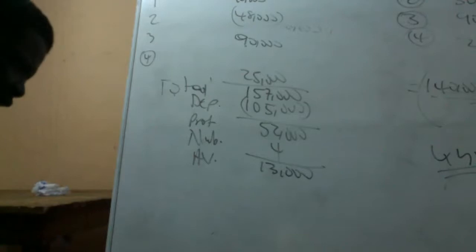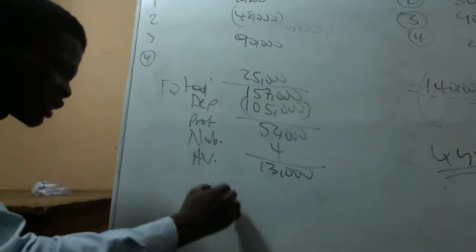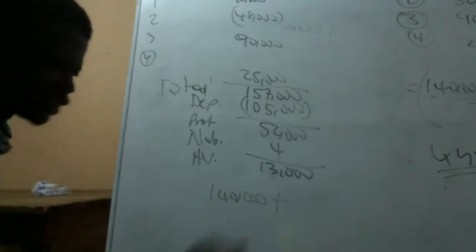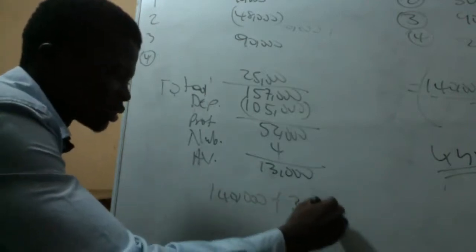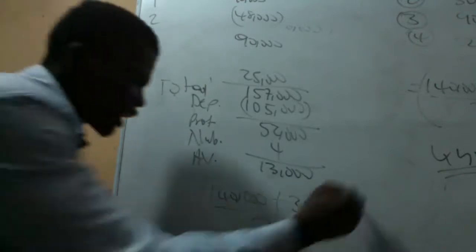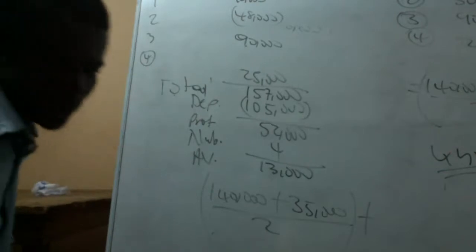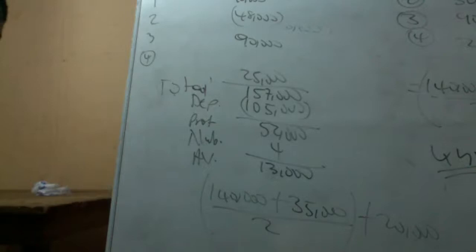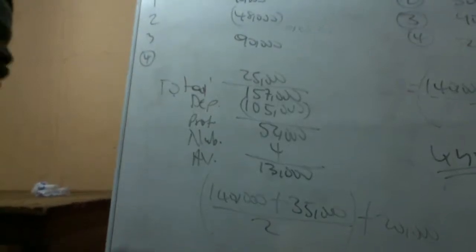We said that is the initial investment, 140,000, plus your scrap value, 35,000. All this divided by 2 first. After the answer, add it to the scrap, add it to the working capital. What's working capital? 20,000. So adding this, you get 107,500 altogether. Because this one alone, half of this 70, half of this.